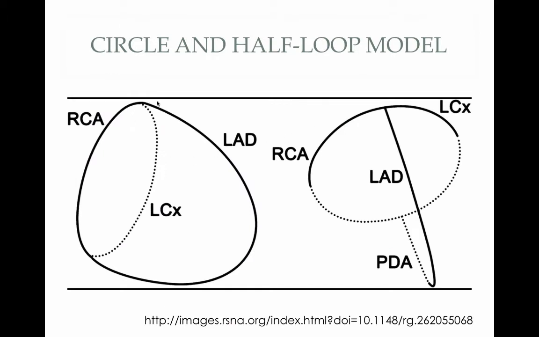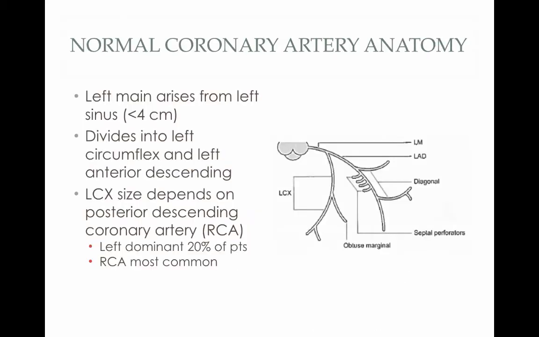Again, this loop model just shows that all segments are being fed in this circle and half loop model. Segments are fed by either the right side or the inferior wall, the circumflex, and then the LAD. And so all those 17 segments of the heart are being fed.